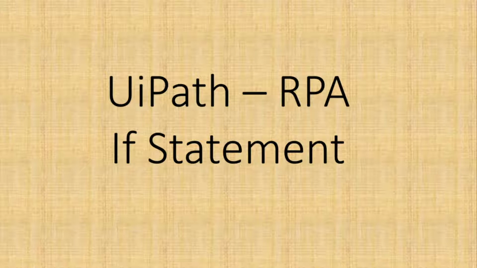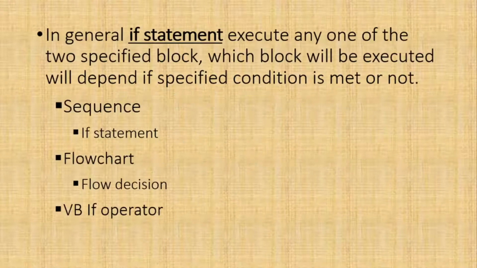In this tutorial, we will learn about if statement. In general, if statement executes any one of the two specified blocks. Which block will be executed depends on whether the specified condition is met or not. In UiPath, if we are using sequence, then we can perform such operations using if statement.